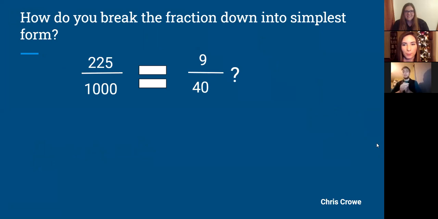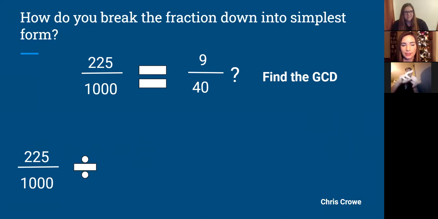You look at the numbers that are divisible by both the denominator, the bottom number, and the numerator, the top number. In this case, we have 225 over 1,000 equals 9 over 40. We divide by 25, because 25 is the greatest number that can divide into both 225 and 1,000. Once you finish your division, you get 9/40.